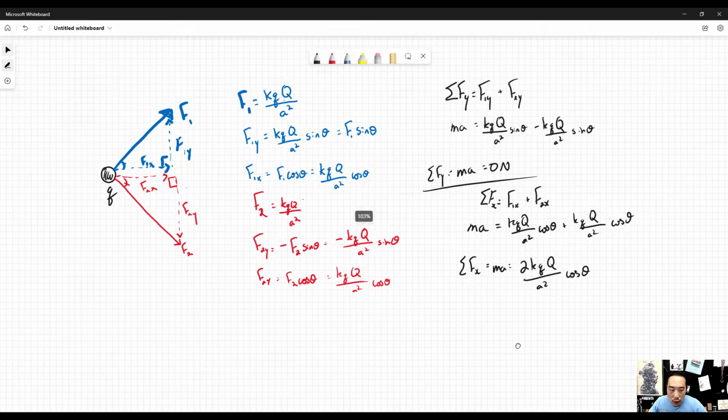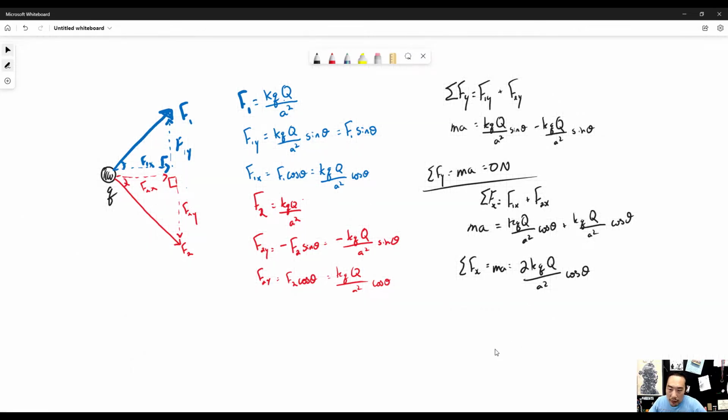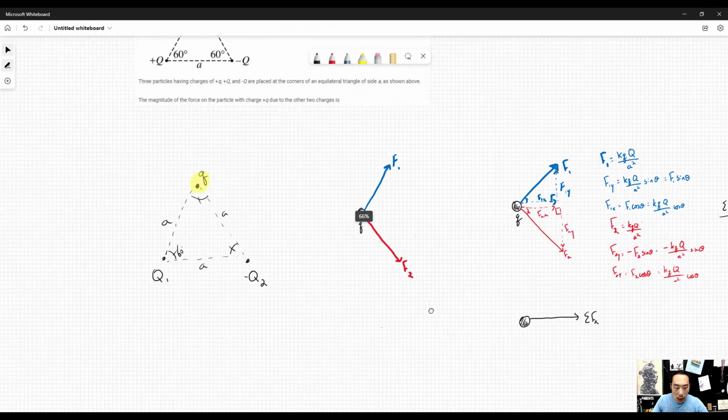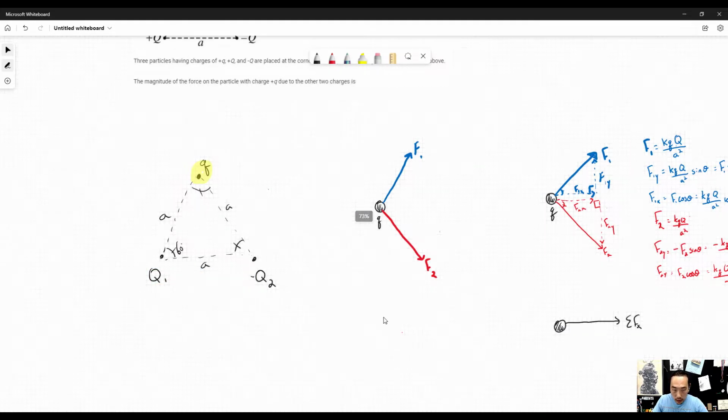So if we were to take a look at the actual net force free body diagram, we can say that this Q will only have a net force in the x direction. So that charge would accelerate to the right based off of these lower two charges.